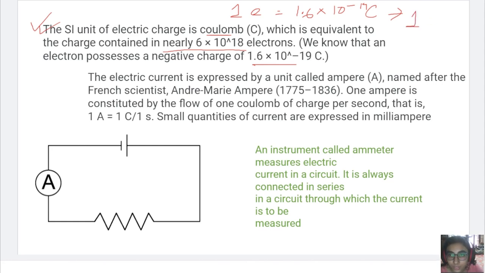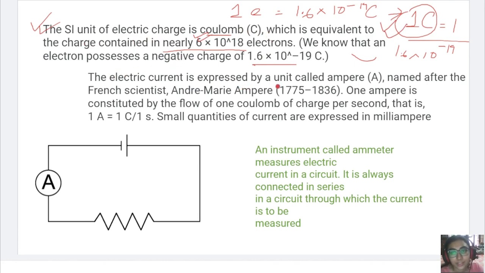So 1 coulomb is basically nothing but 1 by 1.6 into 10 to the power minus 19, right? These are the number of electrons carrying 1 coulomb of charge, which comes to 6 into 10 to the power 18 electrons. Okay. So this is how we define the SI unit of electric charge, which is coulomb.